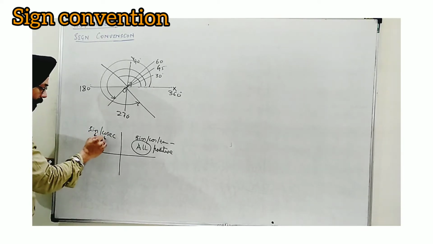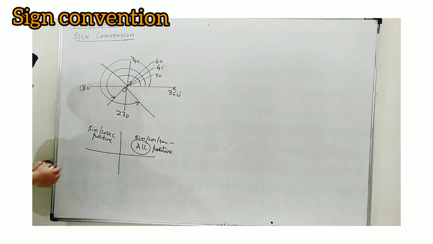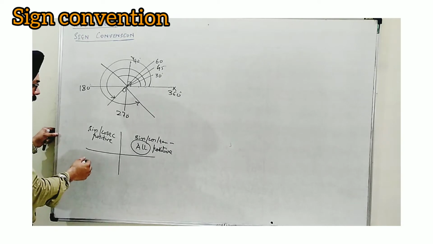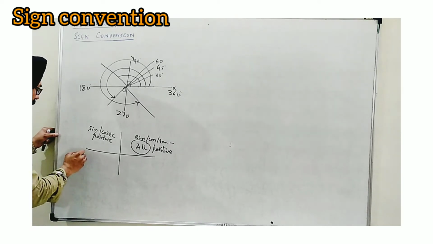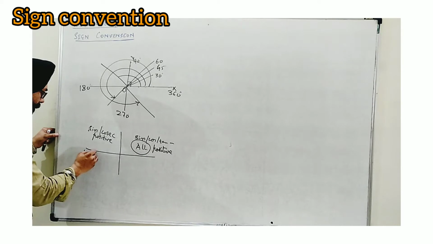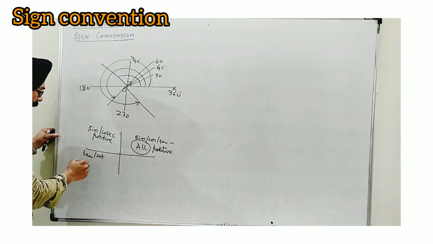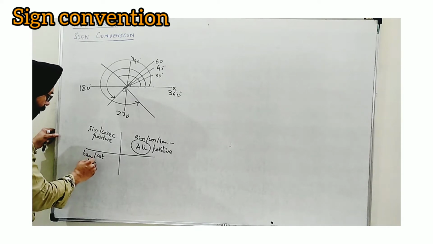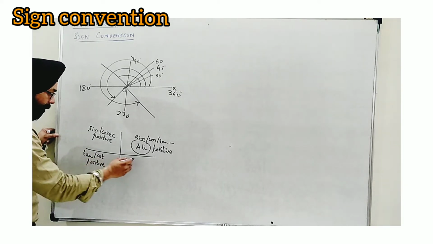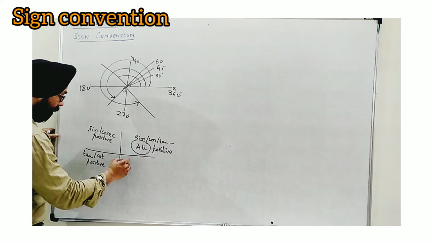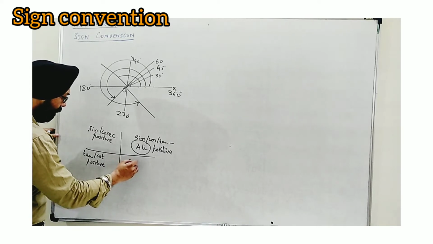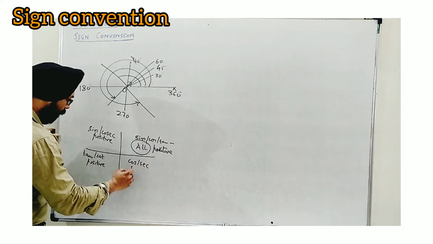Keep in mind this relation. Why do we find this? Because sine and cosec are reciprocals of each other. Next, beyond 180, in the third quadrant, tan and cot, these two, are positive. And in the fourth one, beyond 270, only cos and sec, these two, are positive.